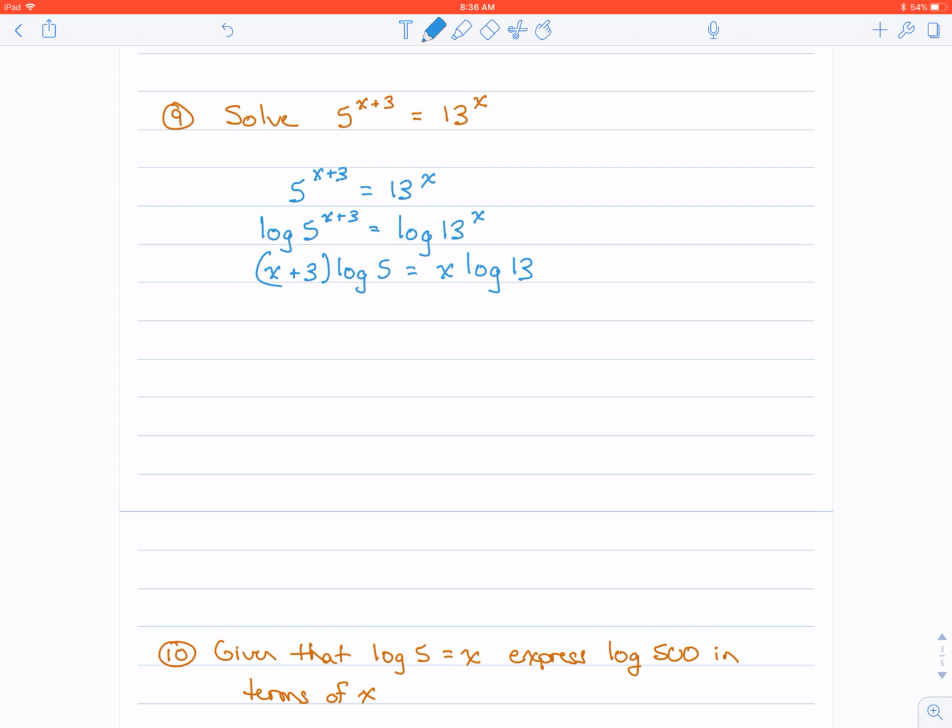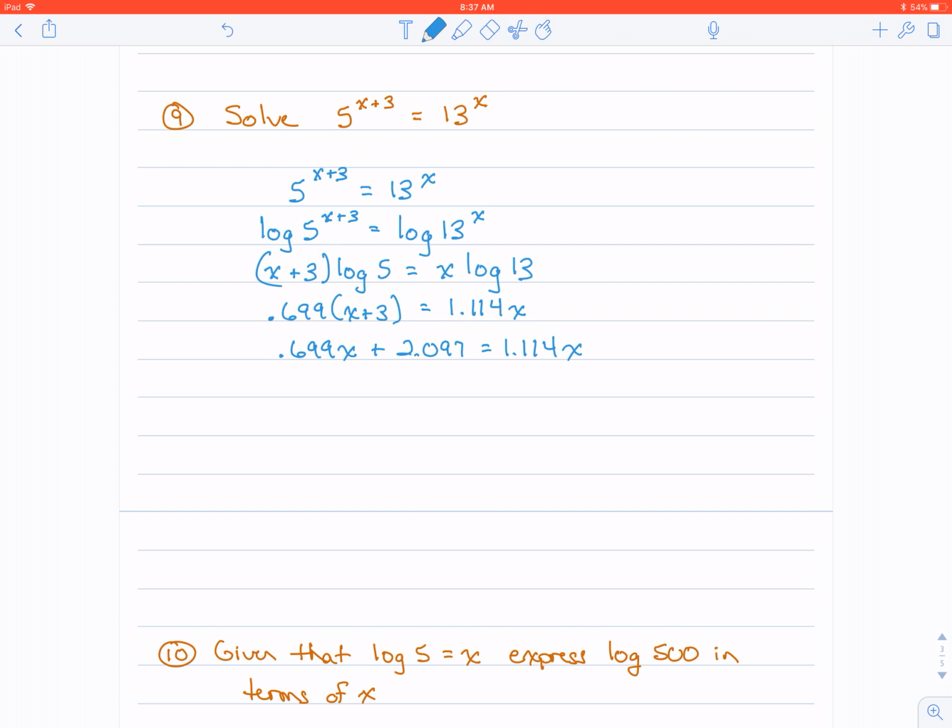So log base 10 of 5 is 0.699. And log base 10 of 13 is 1.114. And now we have a regular equation, albeit with some ugly decimals. So I get 0.699x plus 2.097, I just distributed, equals 1.114x.